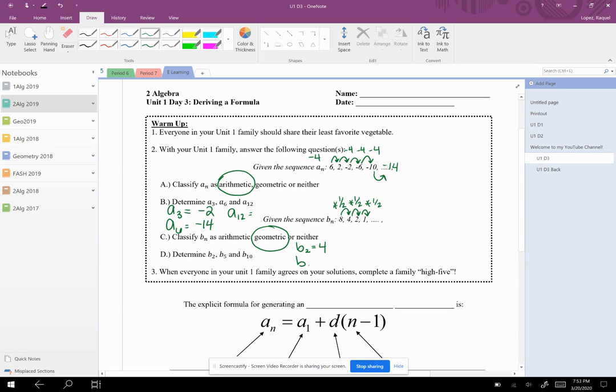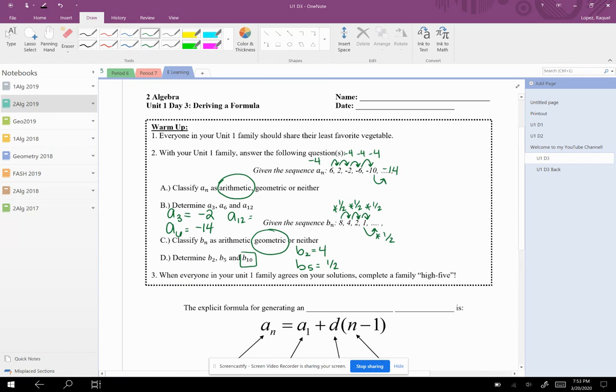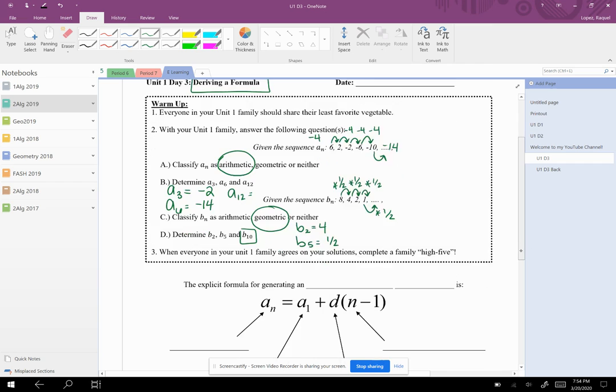The fifth term in the sequence, I have to extend it one more: 1 times 1/2 is 1/2. And then b sub 10 is going to get a little annoying, so I'm going to pass on that real quick, because guess what today is all about? Ding, ding, ding. Deriving a formula.